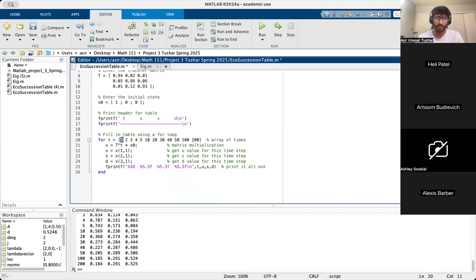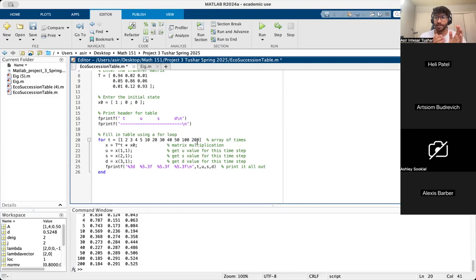But here, you can see T is 1, 2, 3, 4, 5, 10, 20, 30, 40, 50. What this step is doing is, after 1 year, what should be the value of the components or the population, however you like to remember.